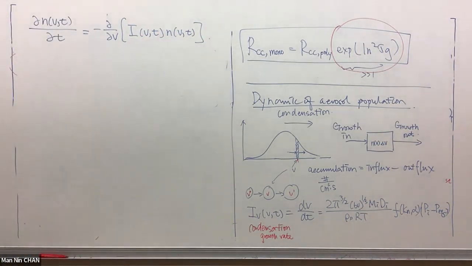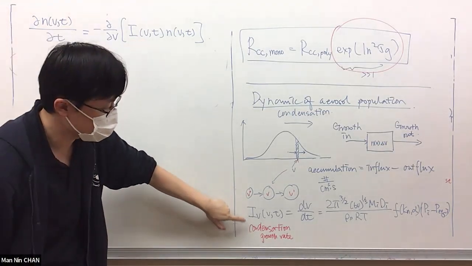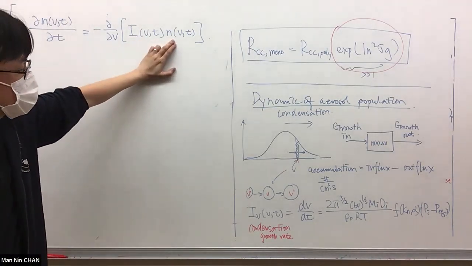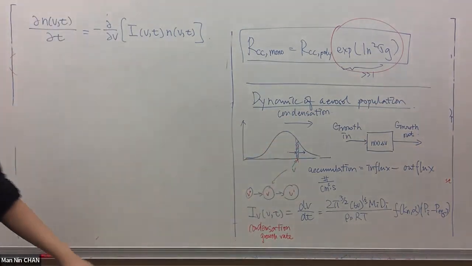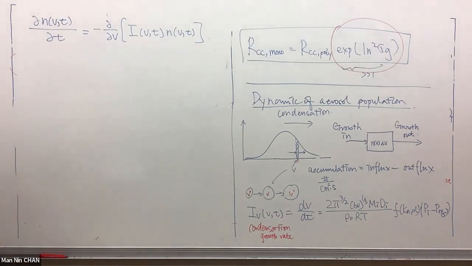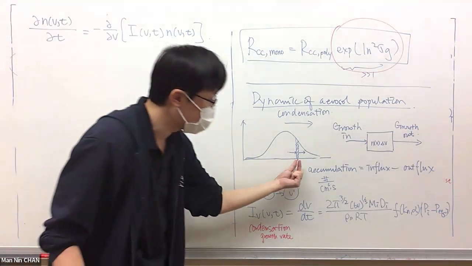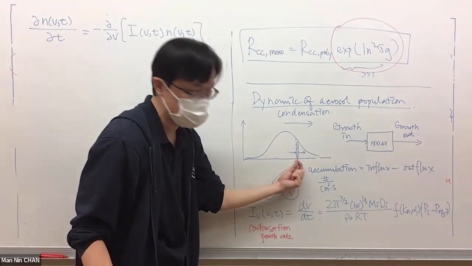This is what we call the condensational growth rate, times the number at this given particle volume at a given time. Then you're looking at how it changes over time or over the volume. That will give you how the number at a different particle volume or size bin will change with time.